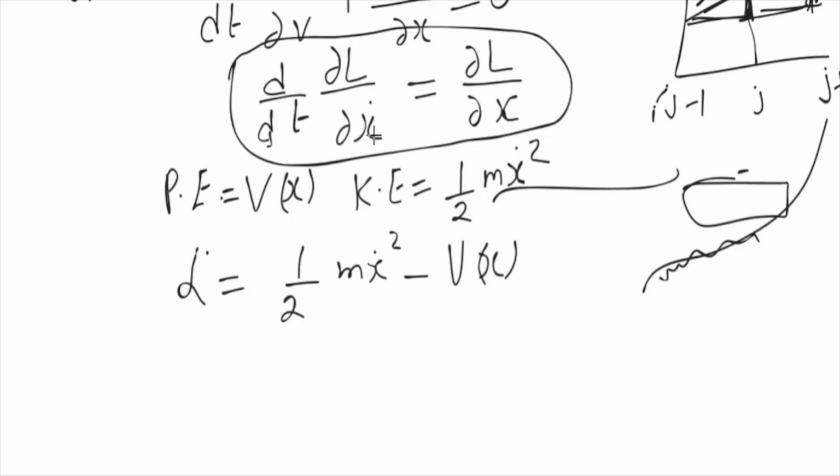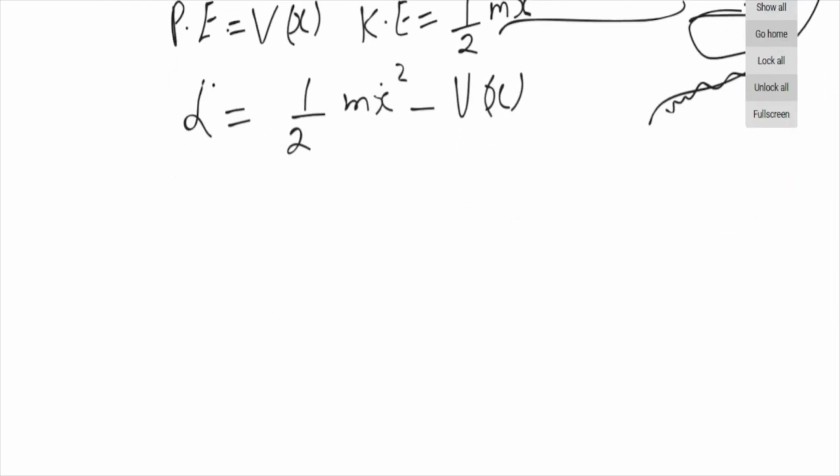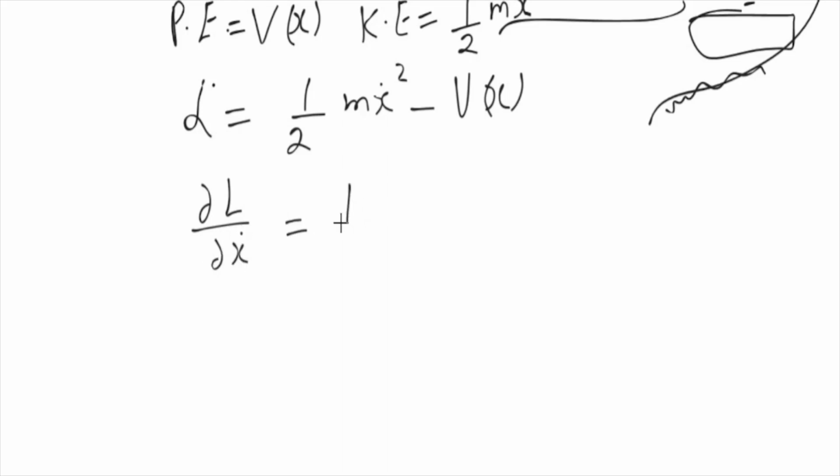It means you need the derivative of the Lagrangian with respect to x dot, and what will it be? del L upon del x dot is equal to half m times the differentiation of x dot square, which is 2x dot.